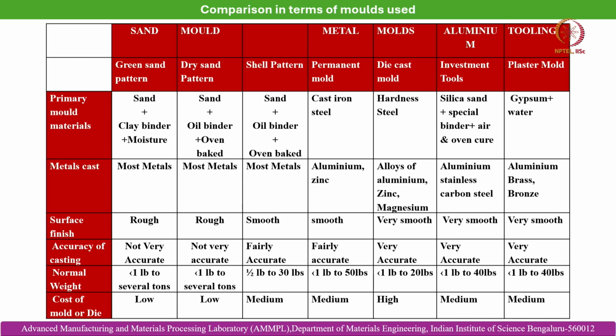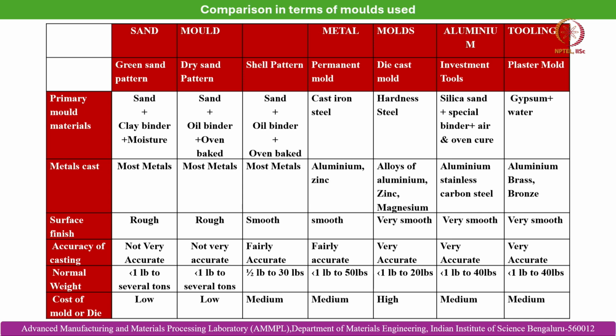Like I already told you, when we are dealing with permanent mold casting, we use metallic molds, and that mold can be made of cast iron or aluminum or zinc, and every mold material has its own unique advantages and disadvantages. Also, based on the mold material being utilized, the tooling cost varies.